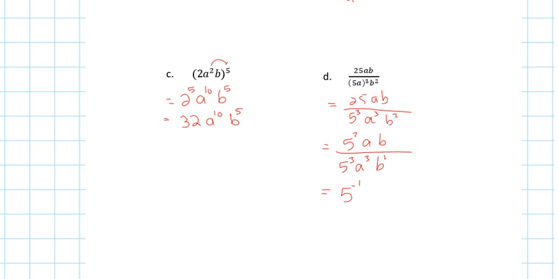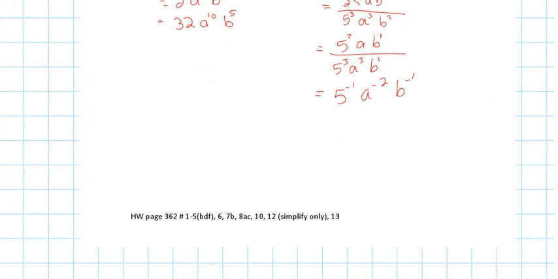How about b divided by b squared? 1 minus 2 is minus 1. So now you see that all three terms have a negative exponent, so I'm going to flip it. Everything is going to be in the denominator, and the numerator is going to be 1. So it's going to be 5 a squared b.